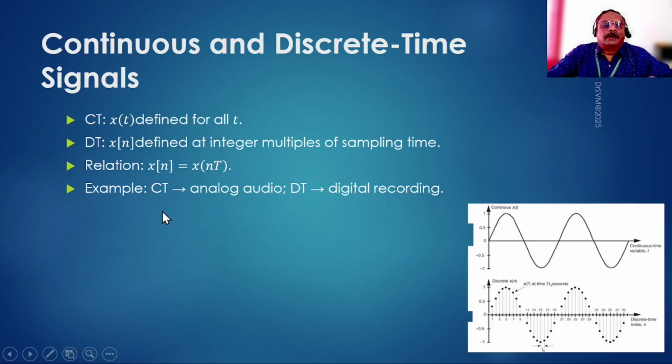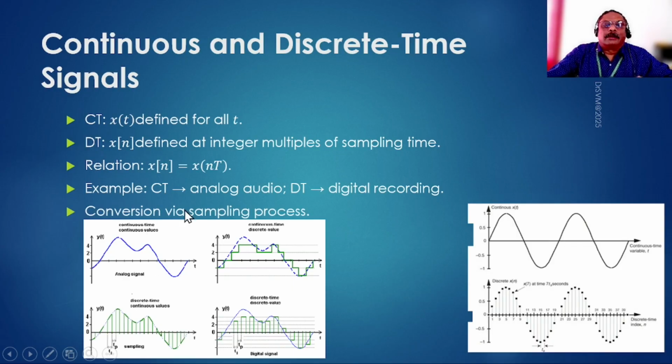The example for continuous time is simple analog audio, and for digital domain discrete time it is our digital recording. And the continuous time information can be converted into discrete time information through a process called sampling.